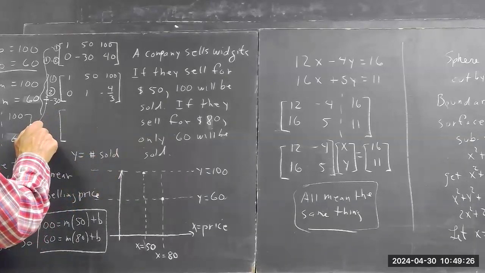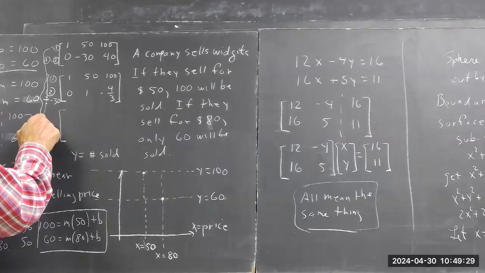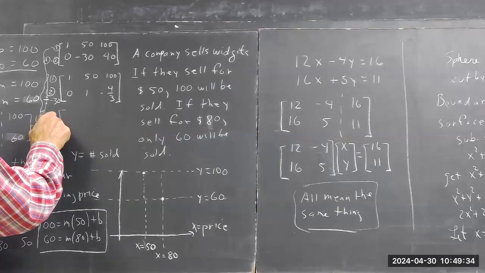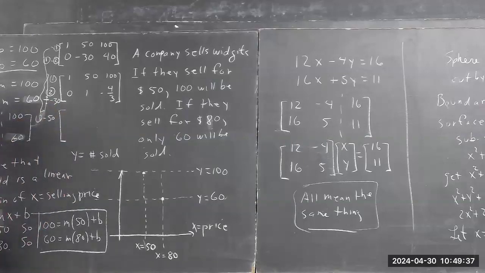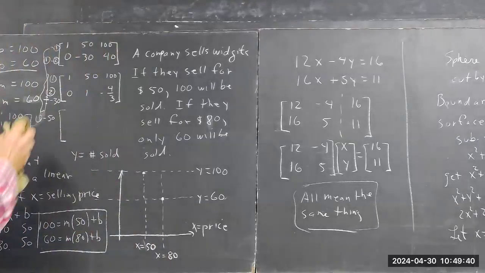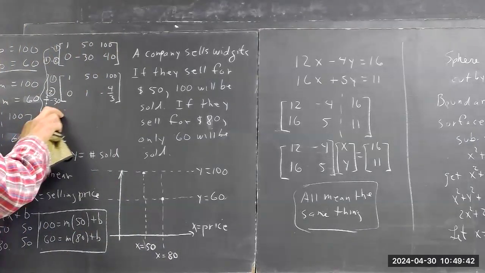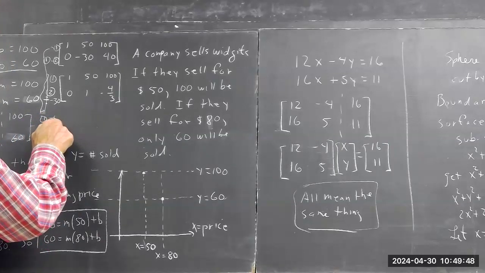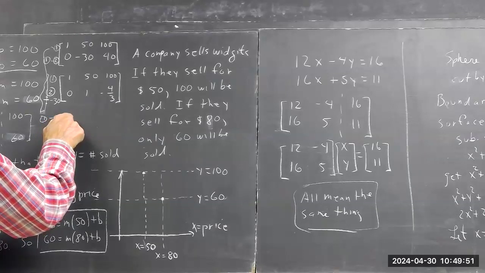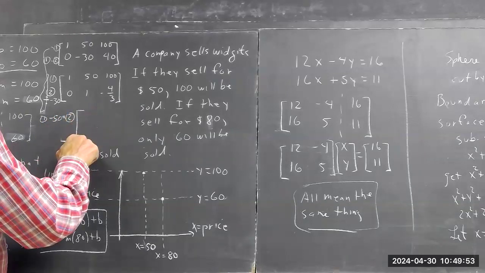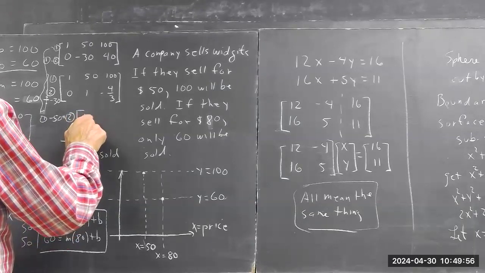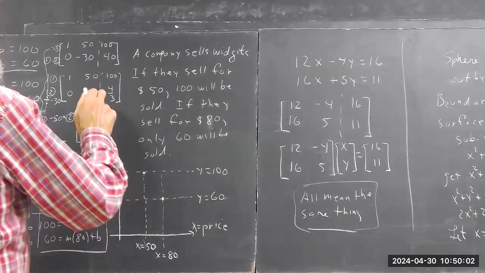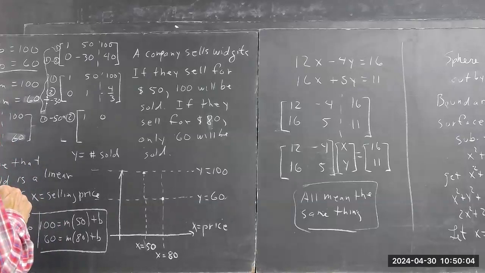Then I do row 1 minus 50 times row 2. I'm going to get 1, 0, and 50 times 4/3 is 200/3.